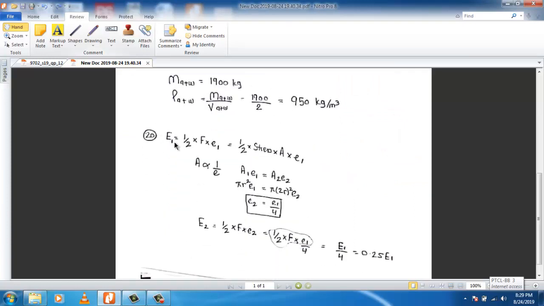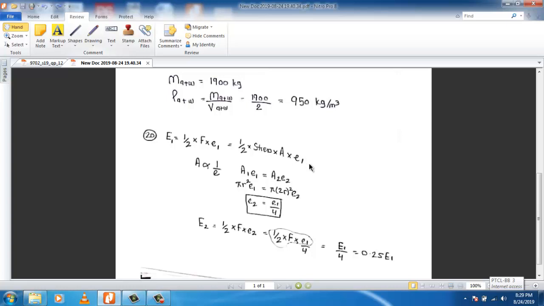What you have to know is that the initial extension is e1, and the initial elastic potential energy is E1. E1 equals half force times extension. Force could be written as stress times area, so half times stress times area.